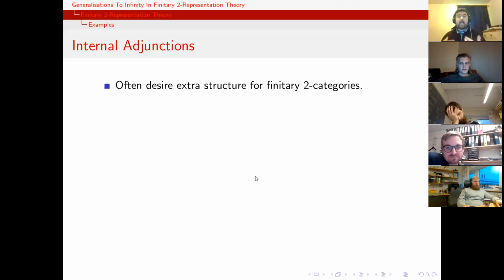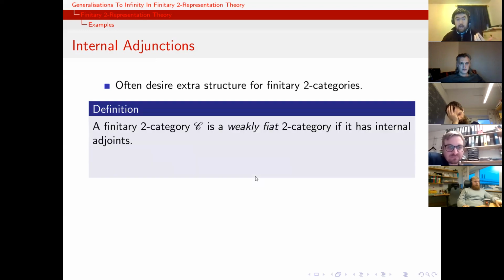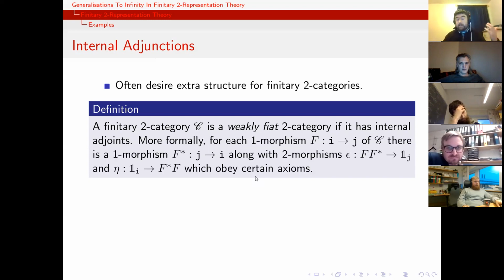So we often desire extra structure in our finitary two-categories. So we say that a finitary two-category is weakly fiat if it has internal adjunctions. Somewhat more formally, given any one-morphism F in C, there is some other one-morphism F star which goes the opposite direction. And then we have two-morphisms epsilon from F star F to the identity, as well as eta from the other identity to F F star, which obey certain axioms.